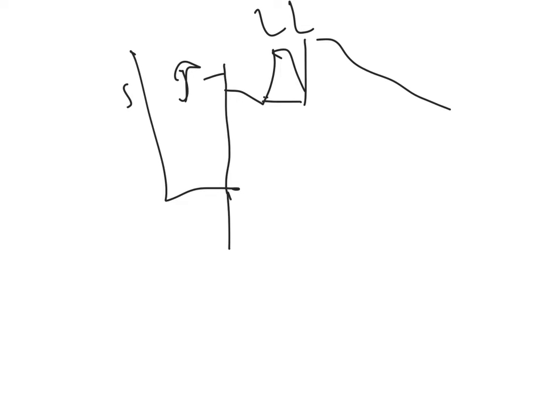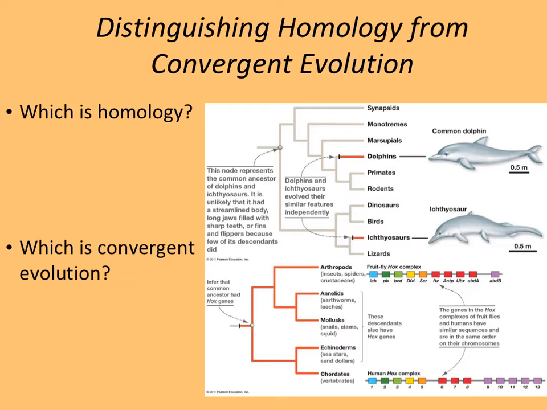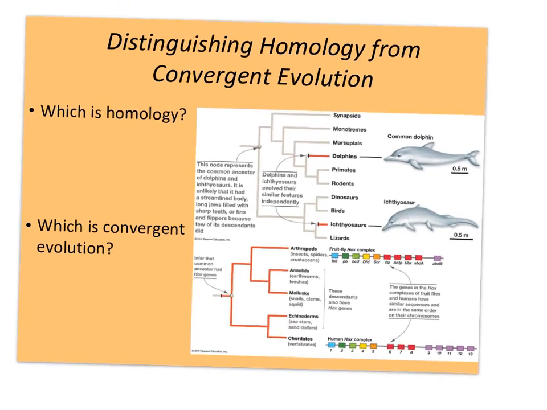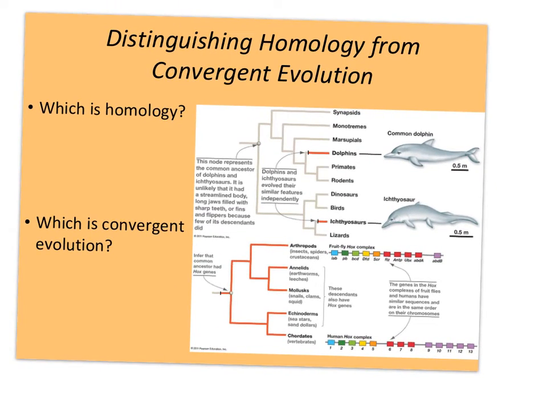Okay, so let's go back. Okay, so here we are again. Which is homology and which is convergence? Okay, on the top here, we've got a dolphin, and we've got an ichthyosaur.